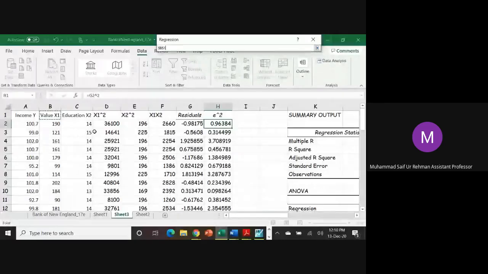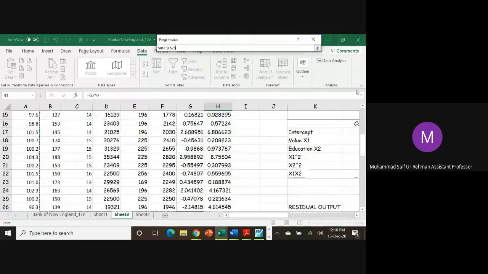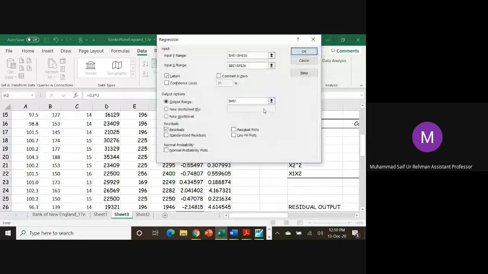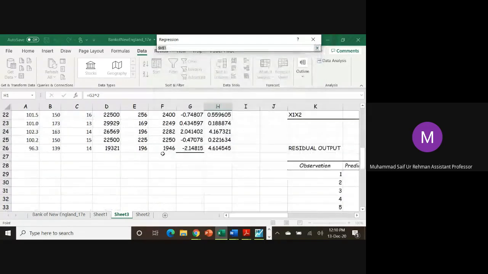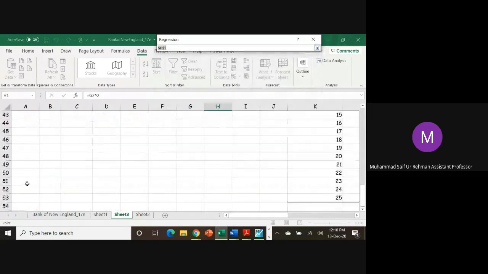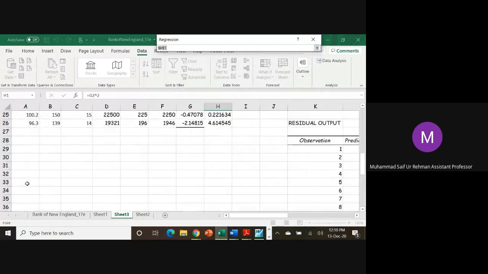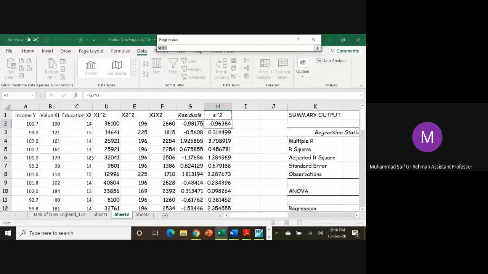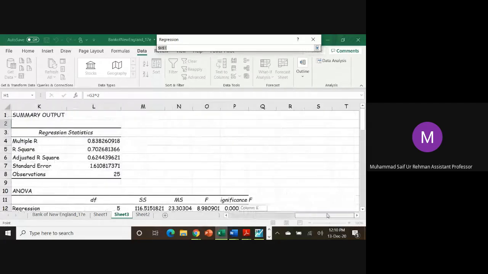This is the input X range. Labels are there. Output is there. Residuals now are not required. I am just interested in giving the output range. So I want to have these results, let us say, over here.